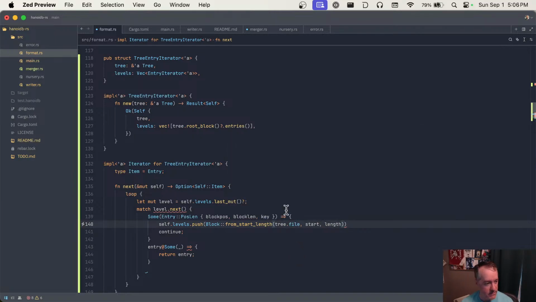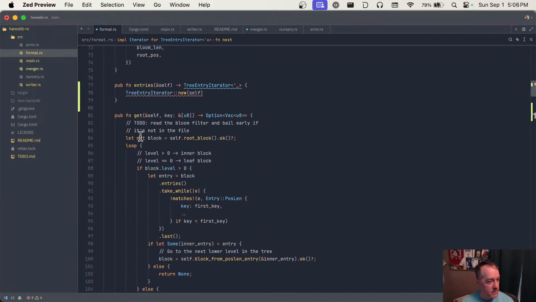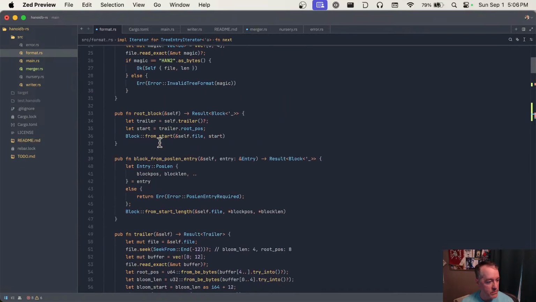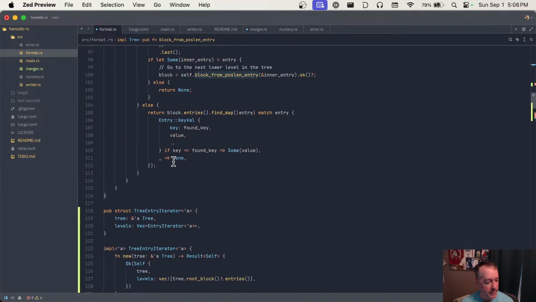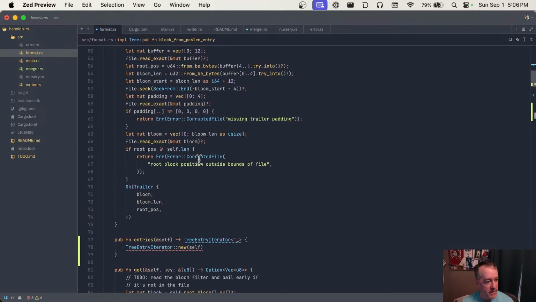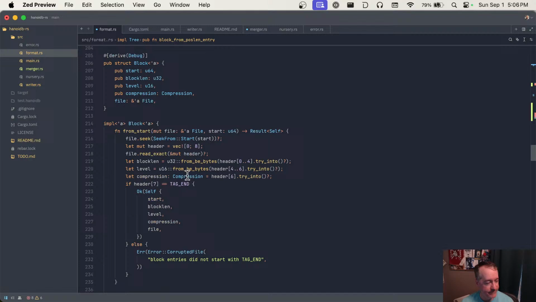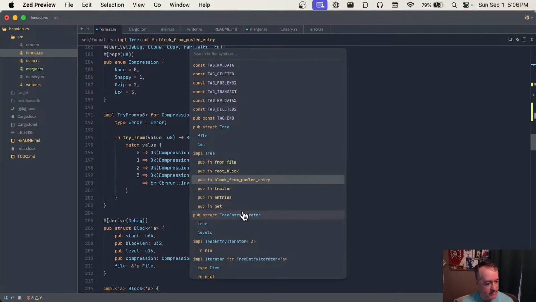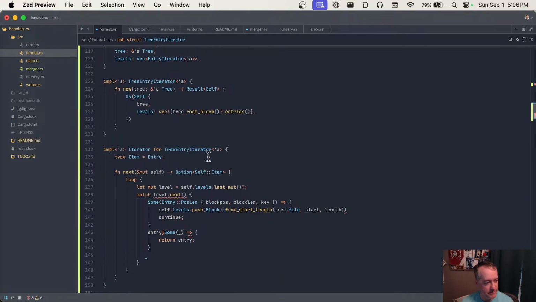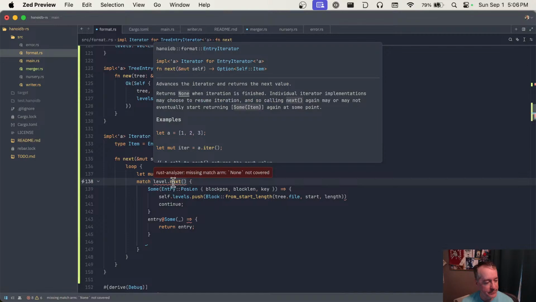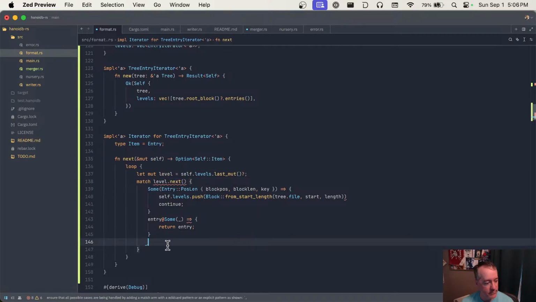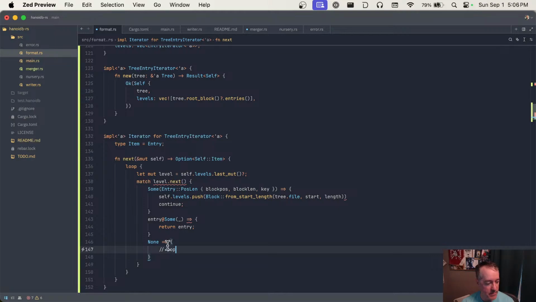tree.file. Or can we just do, we can do this, right? Block from Poslin entry. And I've lost it. This file's getting too big. But if it's none, we need to pop this iterator off.